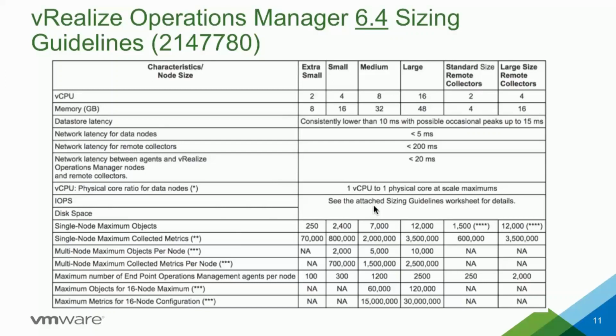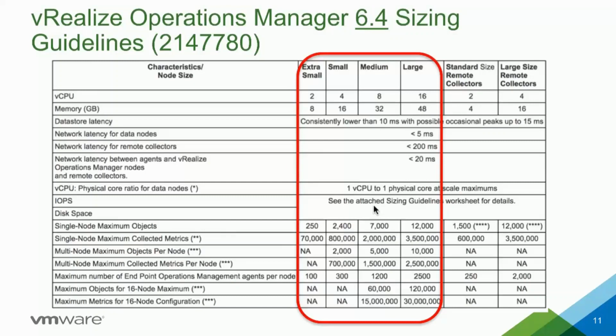You tell it what size the node's going to be, and it will then configure it appropriately with the settings that you see here. What we've also got in this section, as we move more towards the bottom, are sections that talk about the maximums.